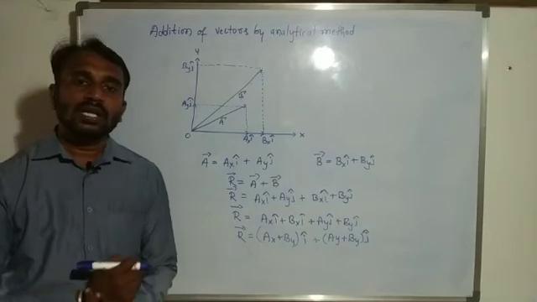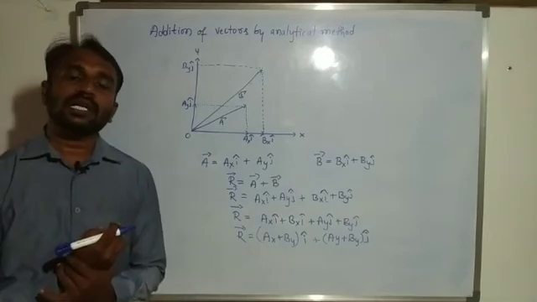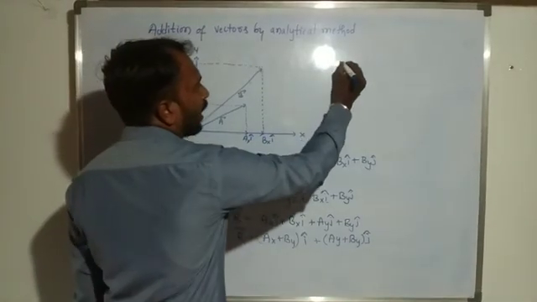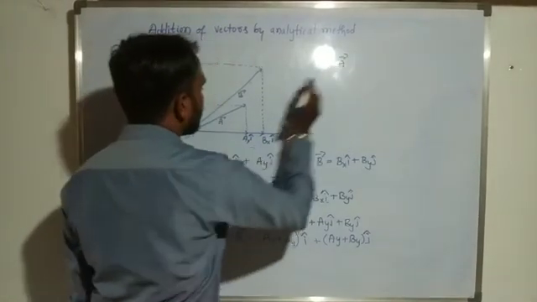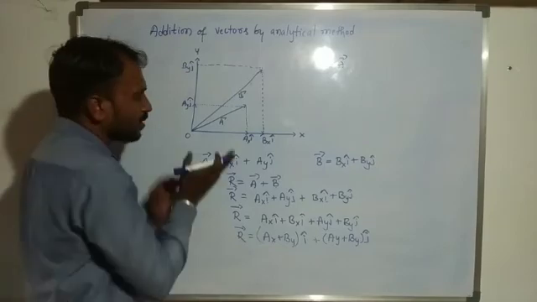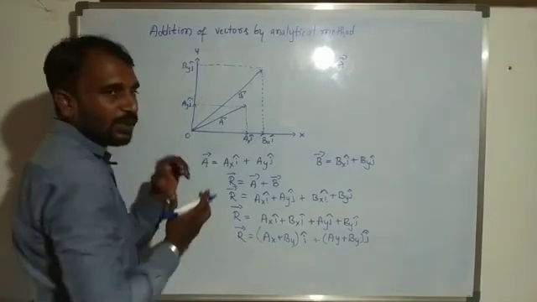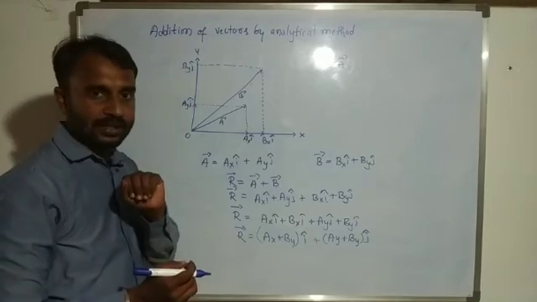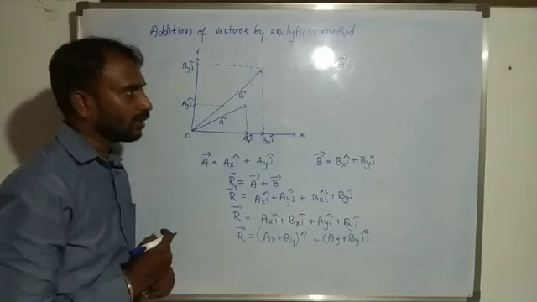Suppose we consider a 3-coordinate system. In the earlier case of vector A, only 2 coordinates are there, in one plane, the xy plane. Now suppose we consider a 3-dimensional system.